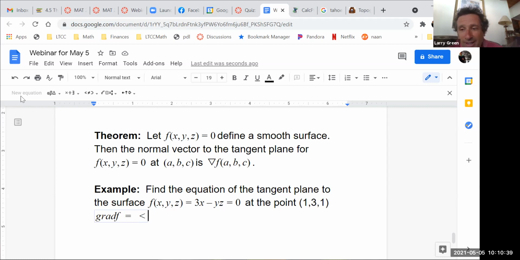It's not supposed to be hard. I didn't give you a hard one. What's the x component of the gradient of f? It's going to be 3. The y component of the gradient of f will be negative z, but there's a z component too. And the z component of the gradient of f will be negative y.